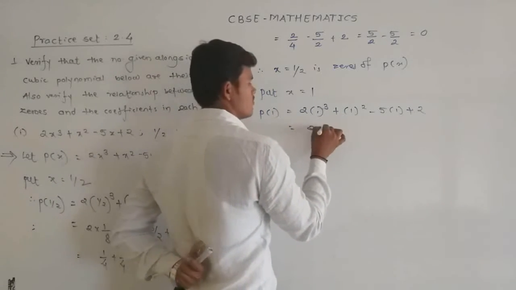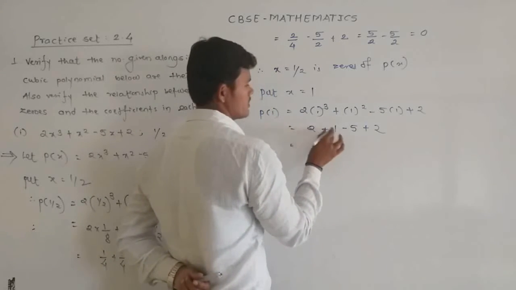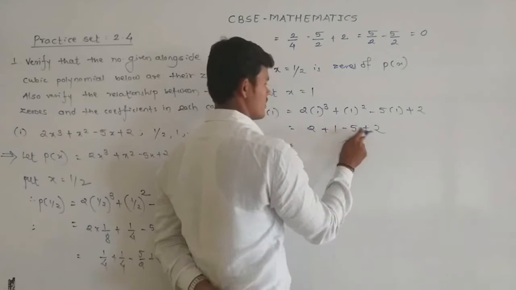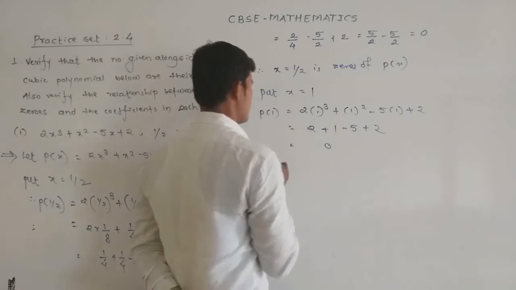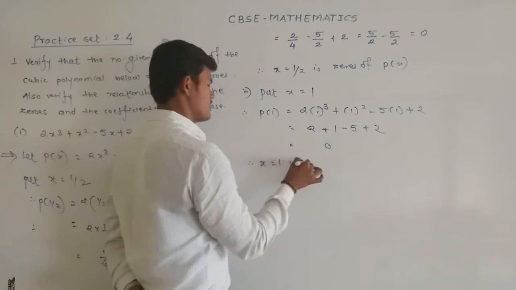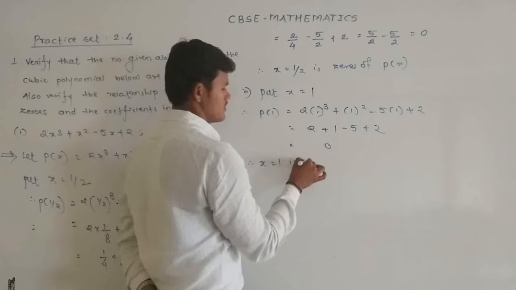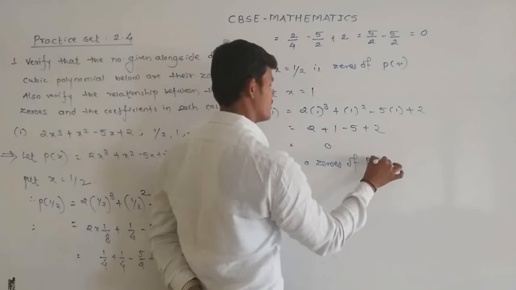So 2 plus 1 minus 5 plus 2. 2 plus 1 is 3, 3 plus 2 is 5, 5 minus 5 is 0. So here also the value of the polynomial is 0. That means x equals to 1 is a zero of polynomial p of x.